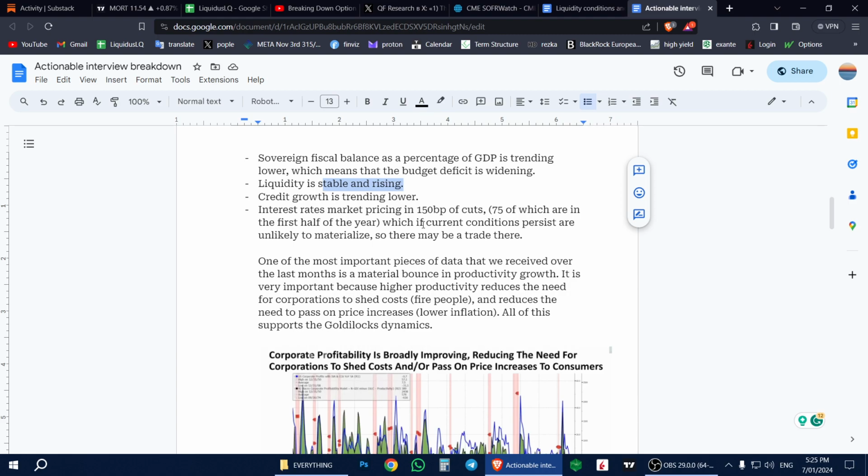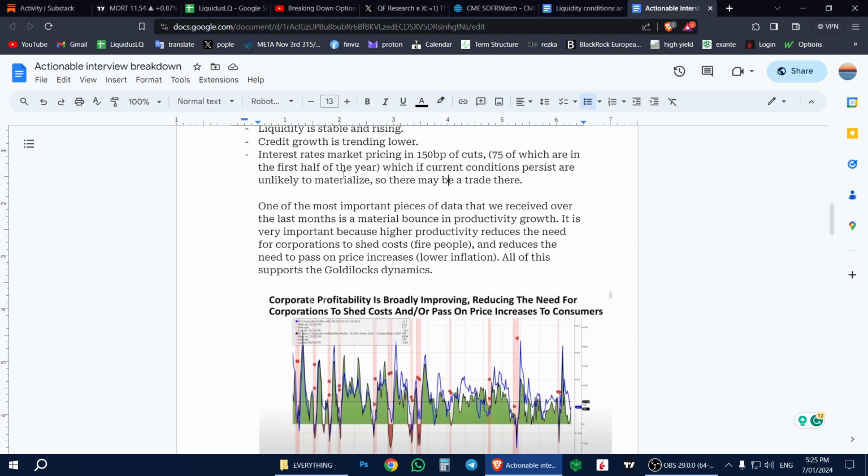Once again, dependent on the QRA. Credit growth is trending lower. Interest rate market pricing in 155 basis points of cuts, 75 of which are in the first half of this year. We think you can safely say that we're probably not going to do the 75, maybe 50.